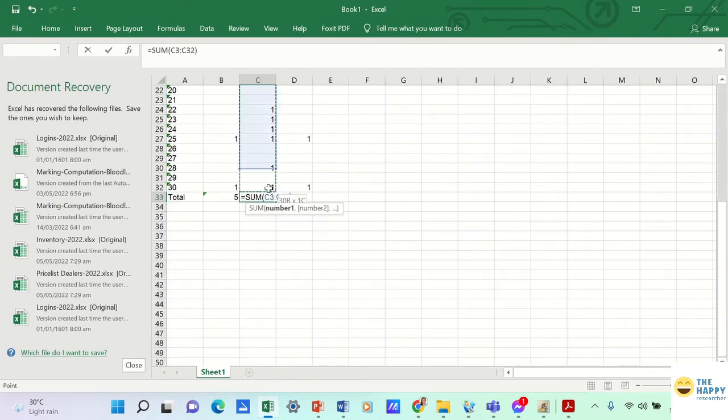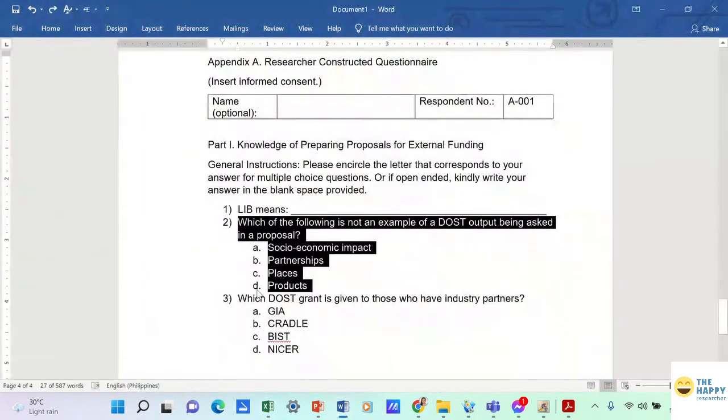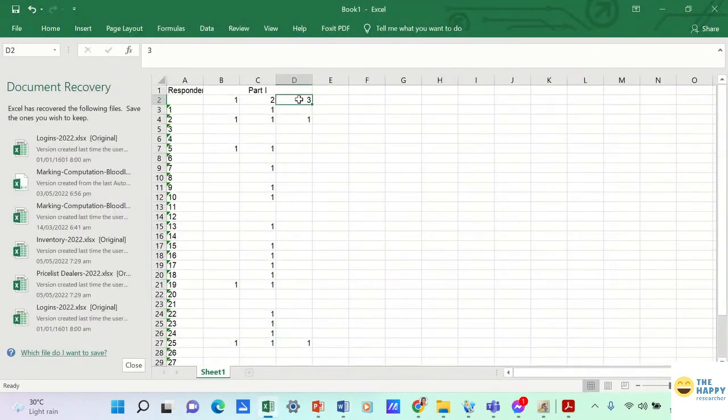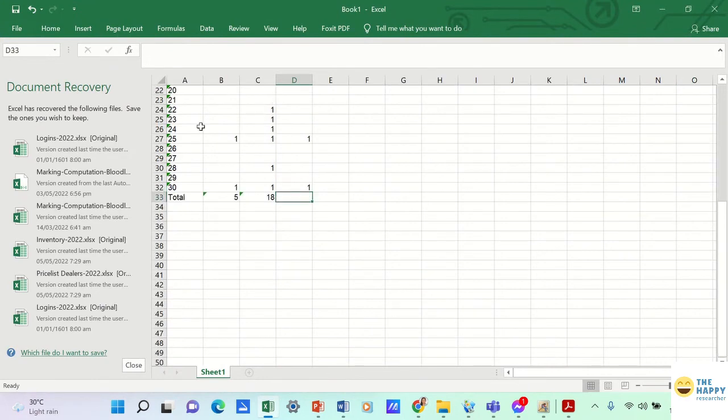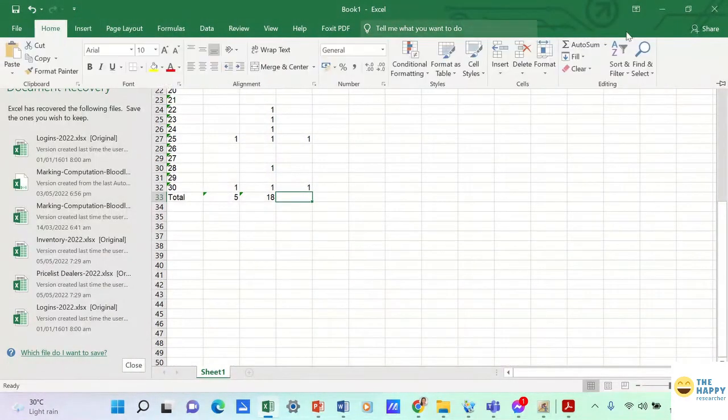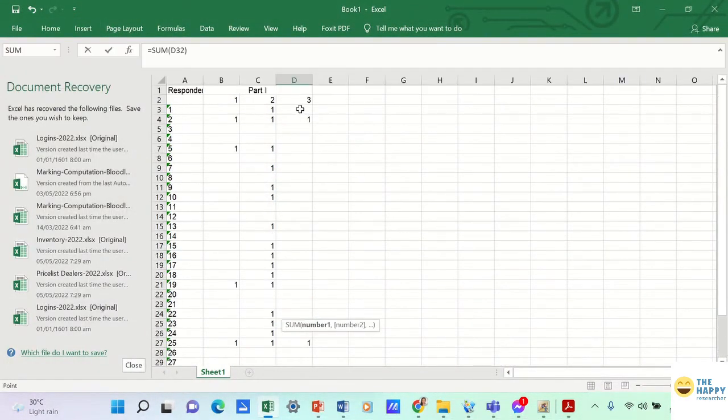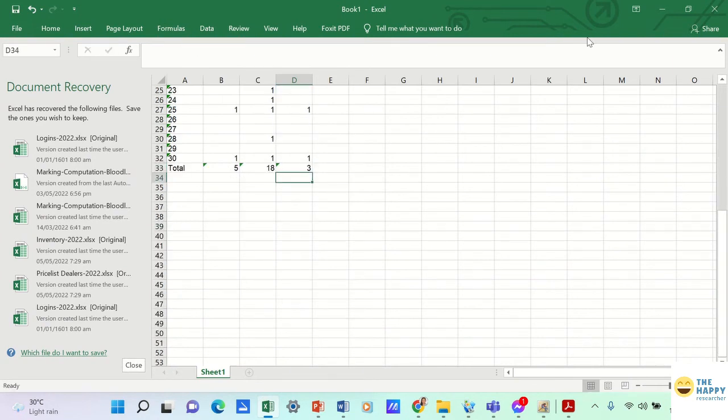For question 2, there are 18 respondents who gave the correct answer, while for question 3, there are 3 respondents who got the correct answer.